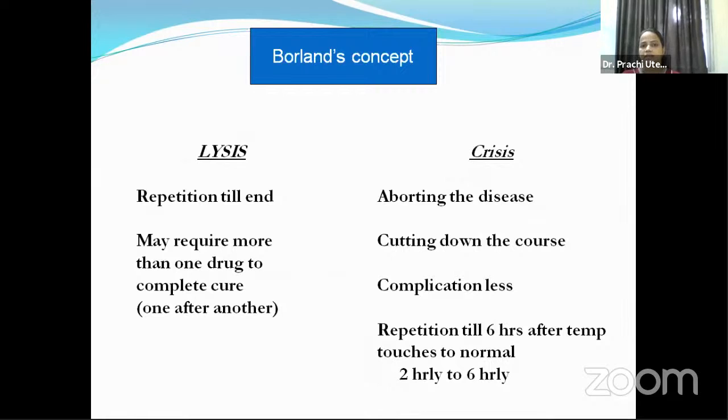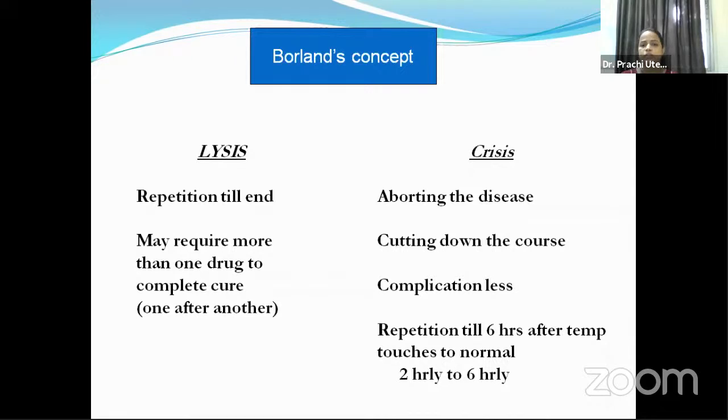Lysis means there is repetition till the end; we need to select a remedy and give it in a potency till the disease is cured, and we require more than one drug to complete the cure. In crisis, we need to select a remedy and a potency such that we abort the disease.